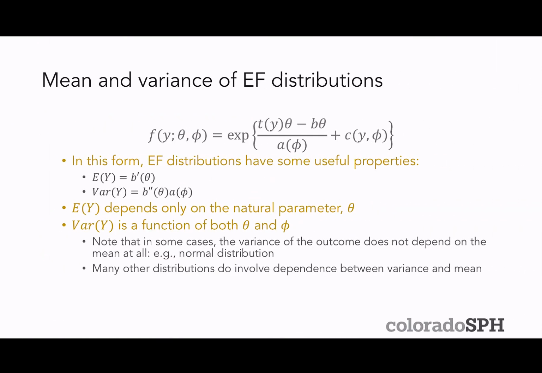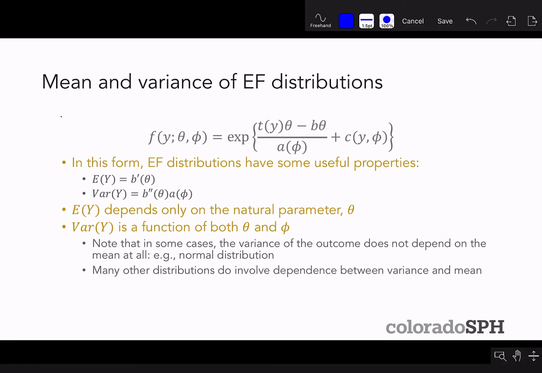One of the nice things about exponential family distributions is you can use them to fairly easily characterize the expectation and variance of a random variable that follows that distribution. If y is a random variable that comes from an exponential family distribution, and you rearrange the distribution to be in this format, then you can pretty easily calculate the expectation and variance for that random variable. For the expectation, this is actually supposed to be b of theta, indicating that this is some function of theta.